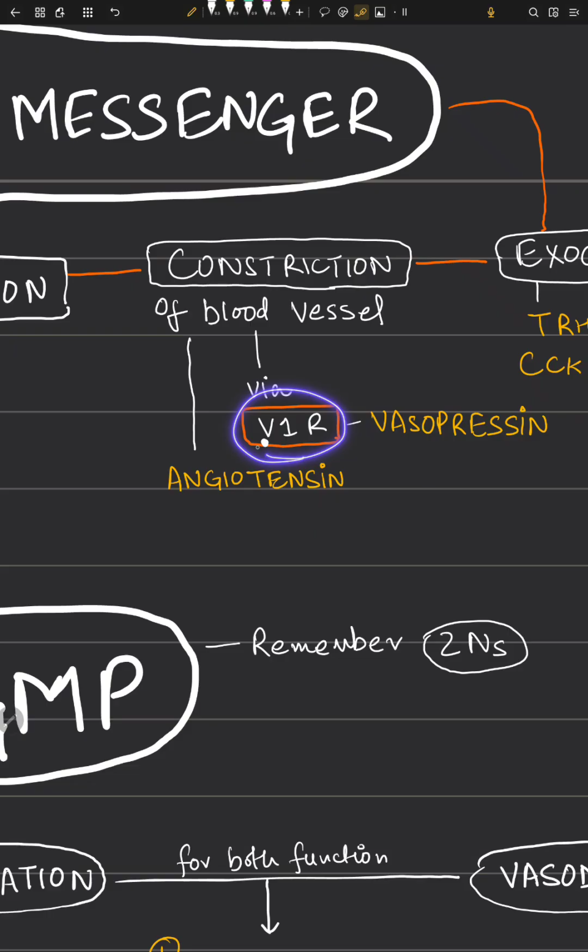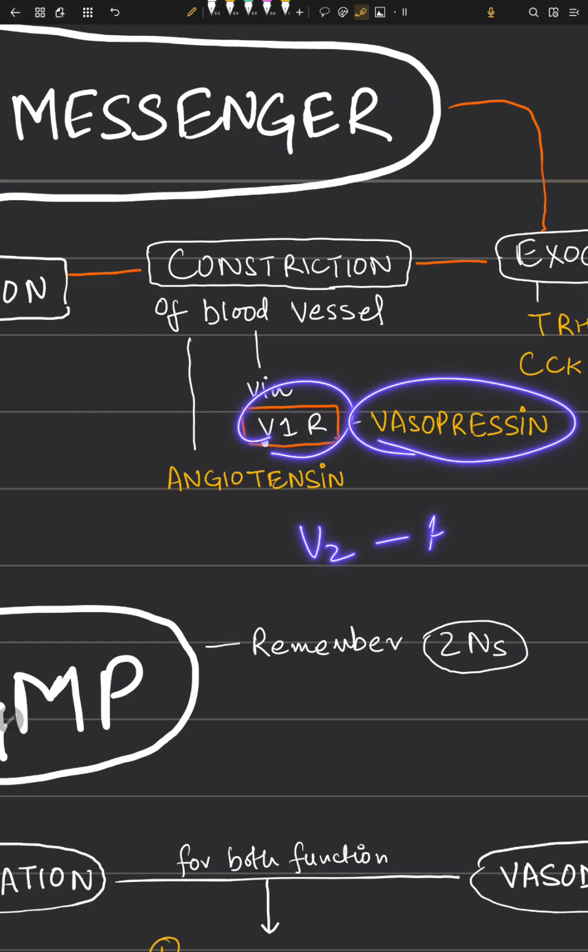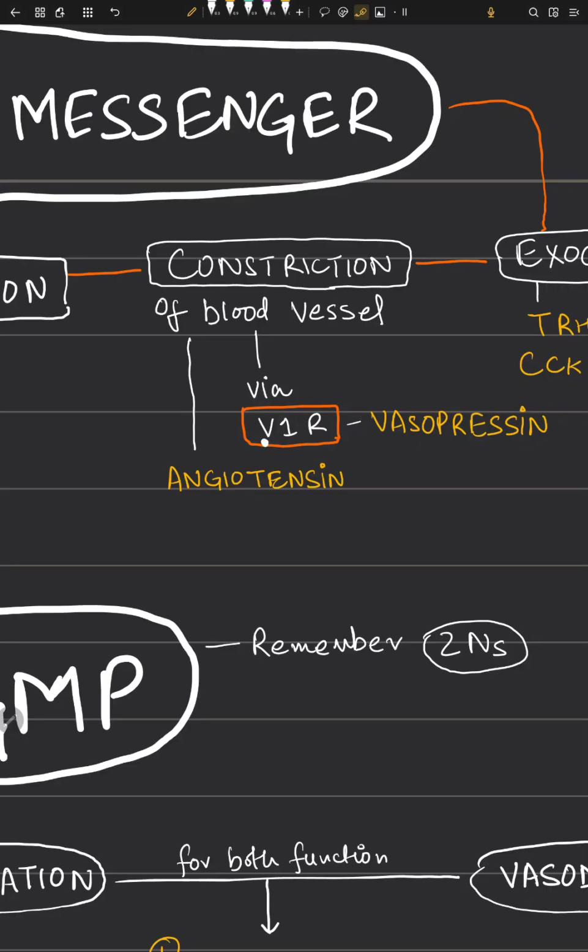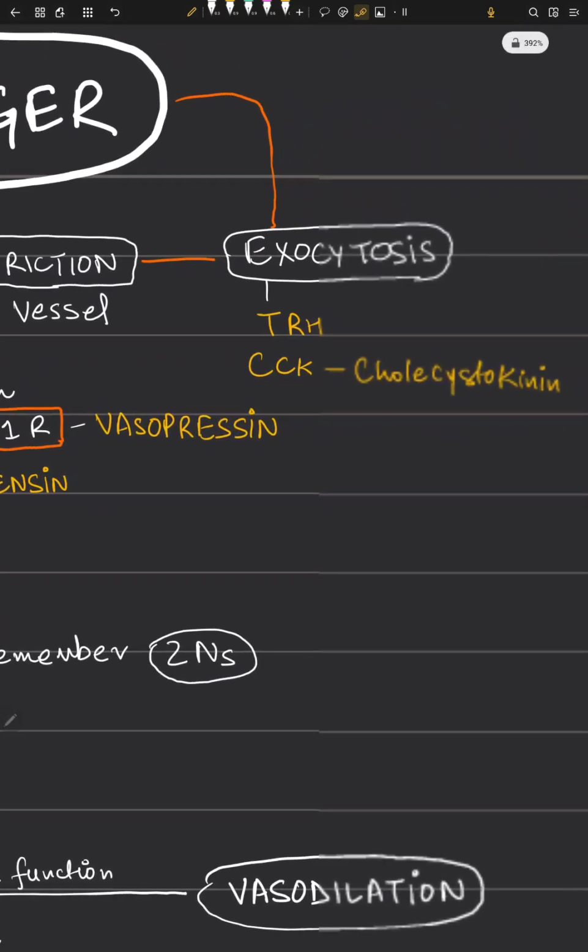Via V1. So V1 is vasopressin, and V2 was for water reabsorption. And angiotensin is such a good name, because it tenses, it constricts the blood vessels and increases blood pressure.